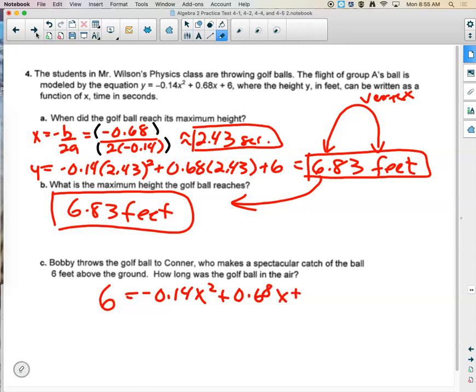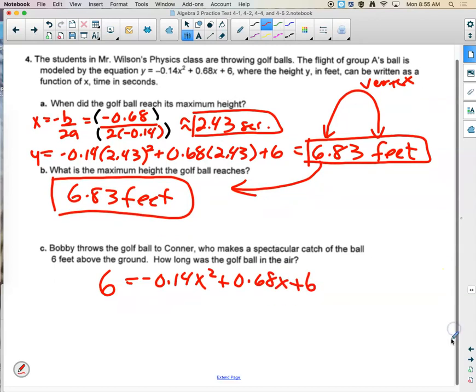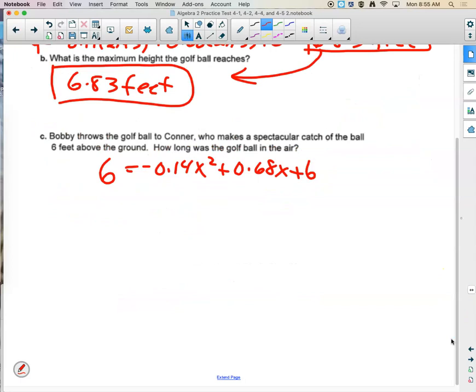Oh, except my 8 is looking goofy. All right, so 6 feet above the ground. How long was the golf ball in the air means we have to figure out this. That's not the vertex. What's that?